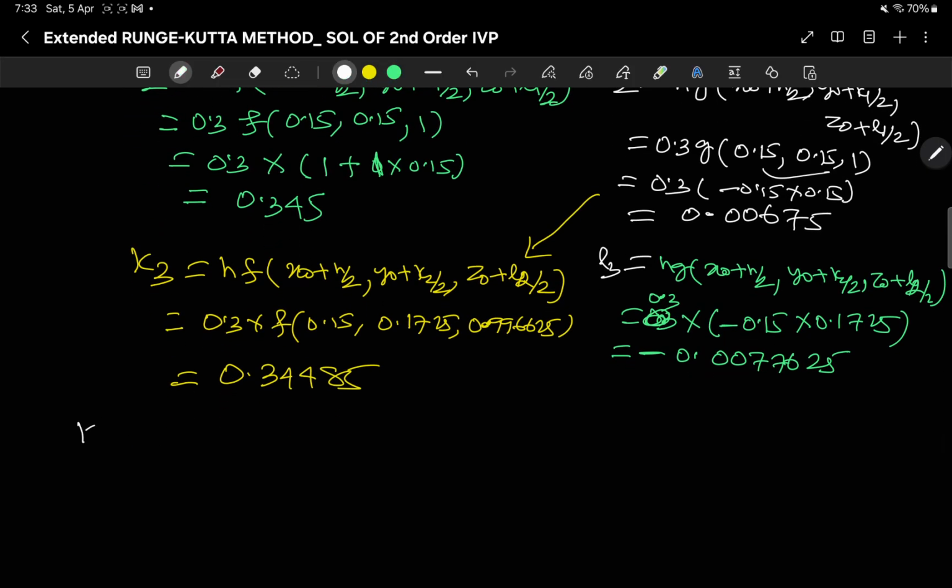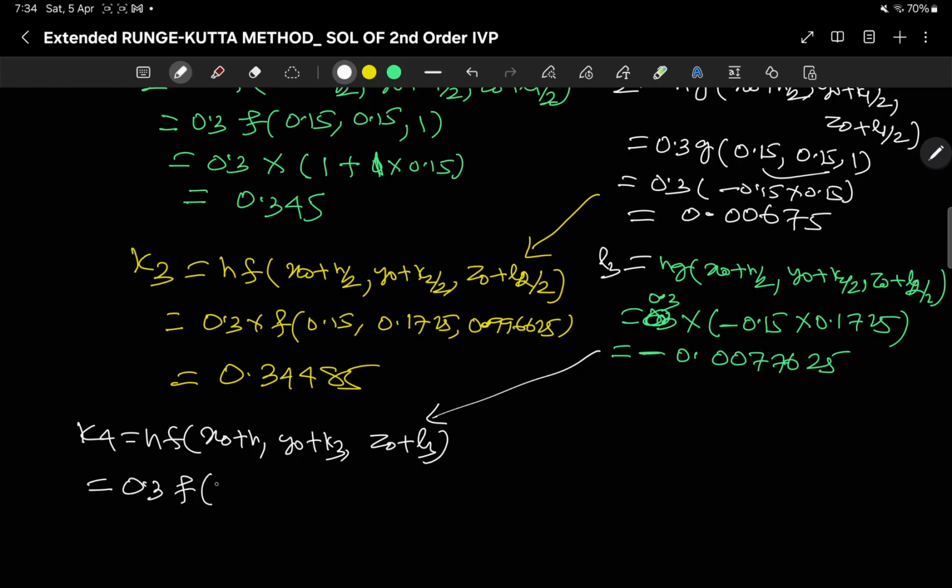Okay, finally what is my K4? My K4 is equal to h f of x0 plus h, y0 plus k3, z0 plus L3. Okay, so this is equal to 0.3 f of 0.3445, 0.99224.